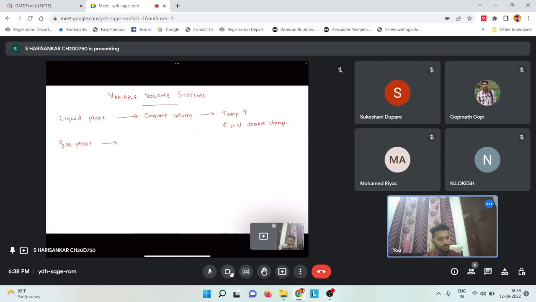these are variable volume systems. And the reason is gases tend to change in density and volume with respect to temperature or pressure. Like you might have learned in thermodynamics, the ideal gas relation PV is equal to nRT, or the van der Waals equation of state.